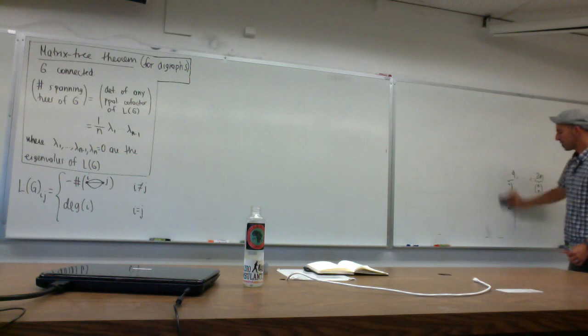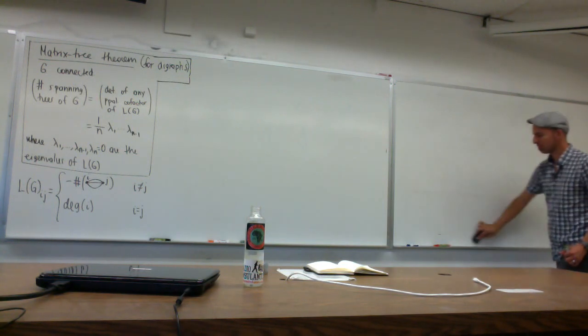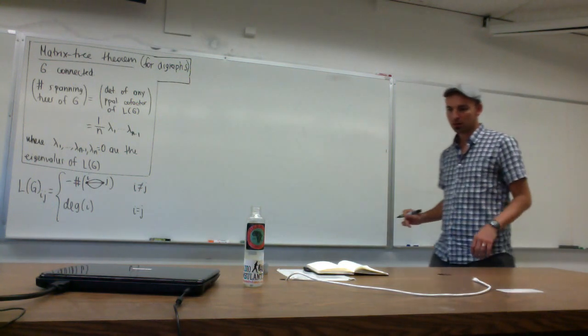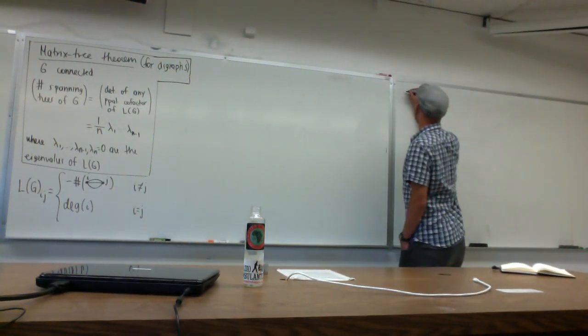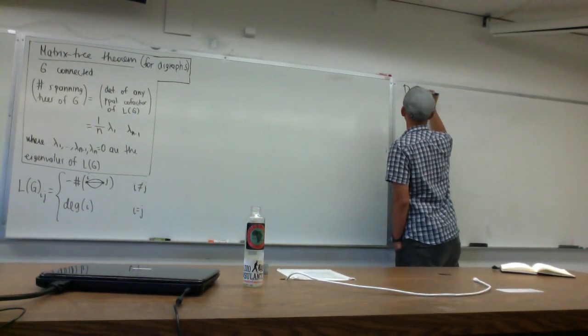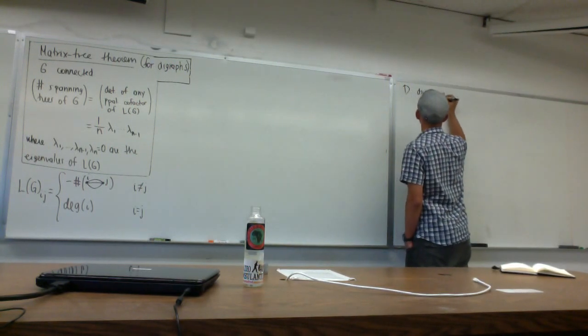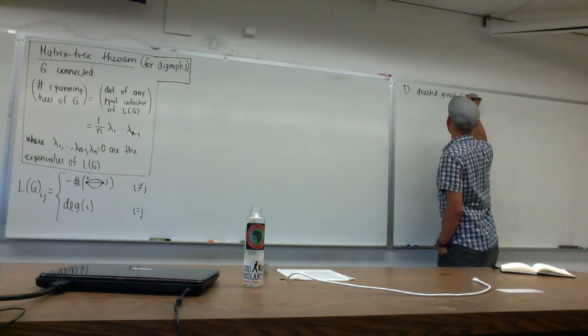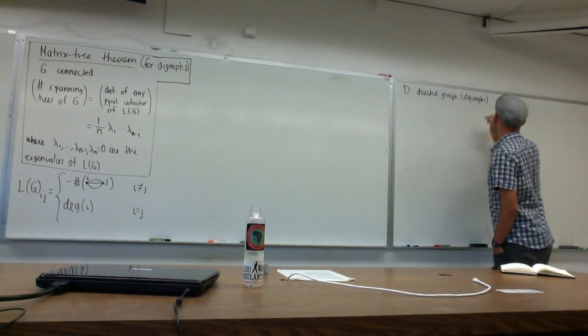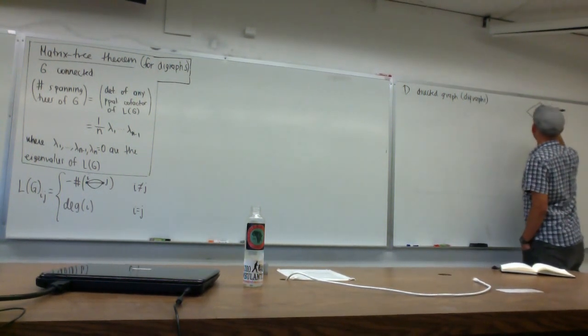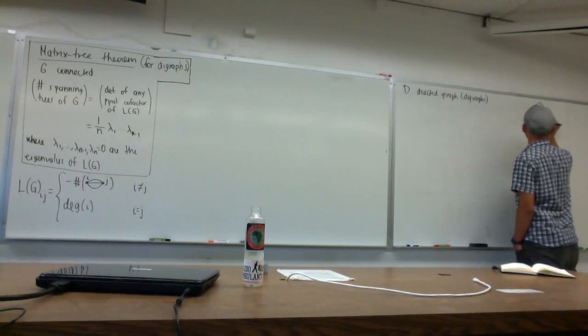So what's a directed graph? It's just a graph where every edge has an orientation, right? So let's take a directed graph. These things are often called digraphs. Okay. So it's something like this. It's like a graph, but now each edge has some orientation.